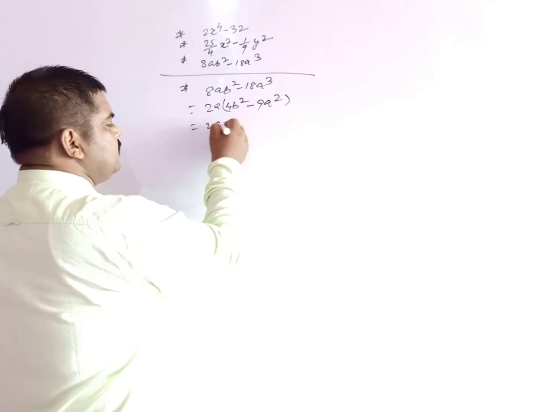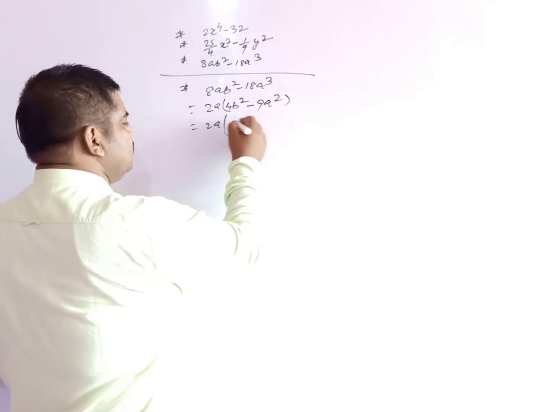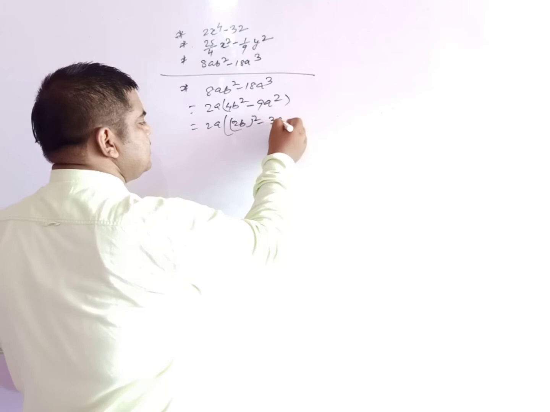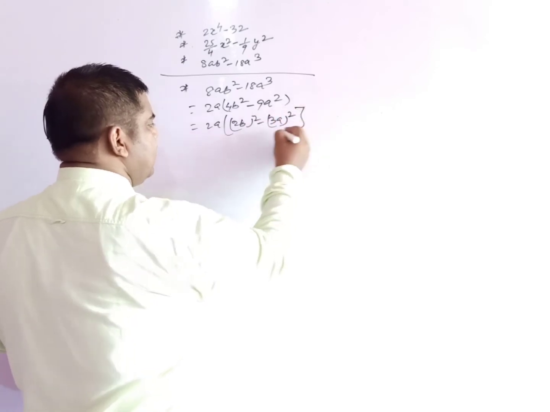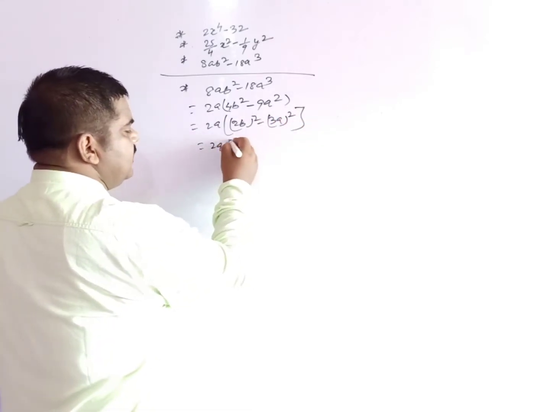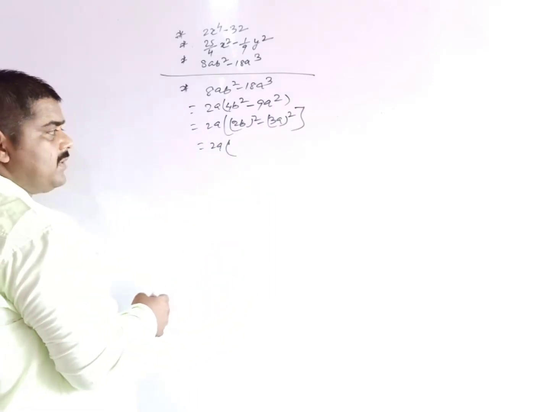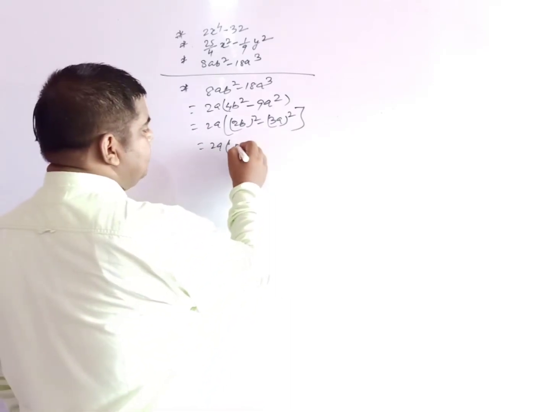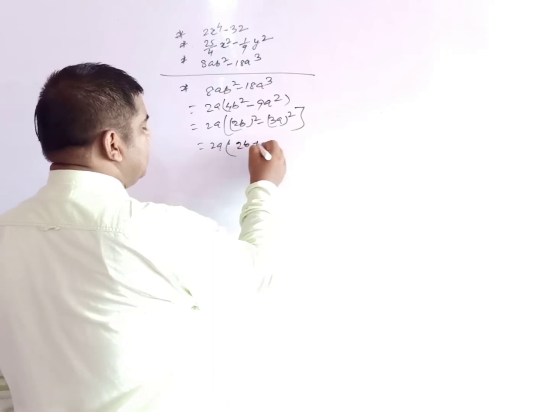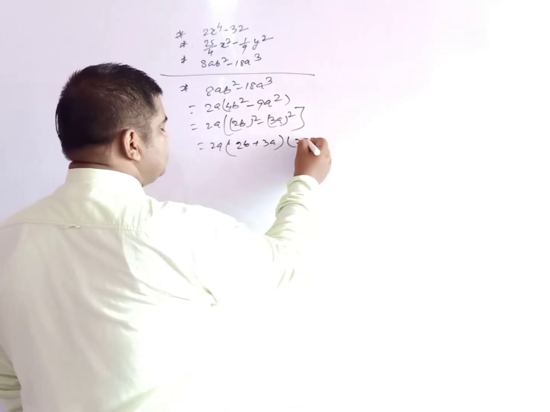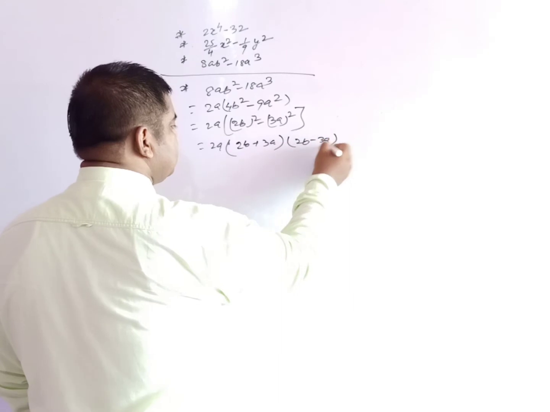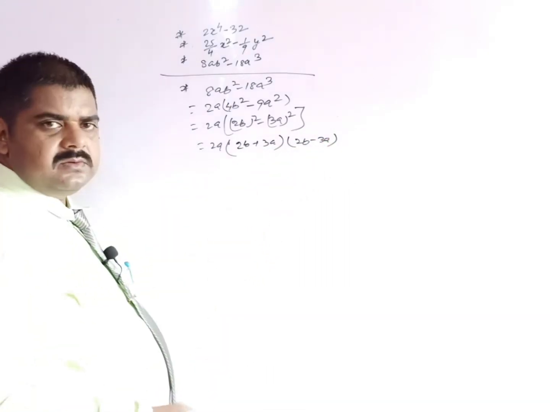Now you need to rearrange: 2b whole squared minus 3a whole squared, and now 2a into a squared minus b squared. You have to apply this formula, or x squared minus y squared. And what will be the formula? 2b plus 3a into 2b minus 3a. So you can solve it this way.